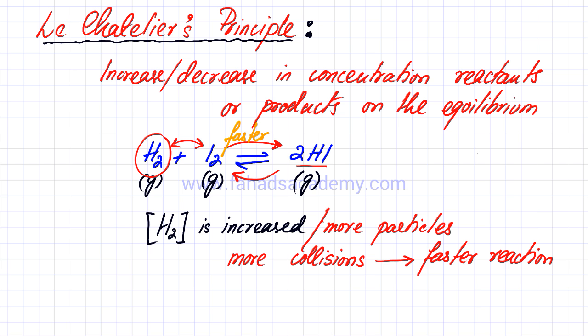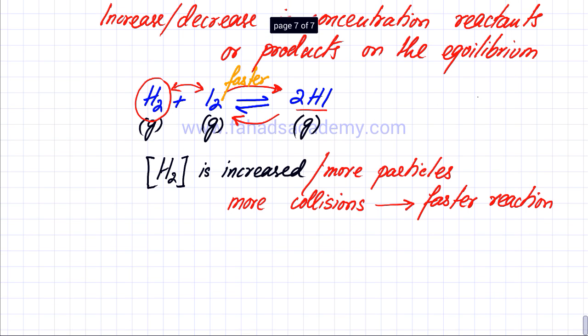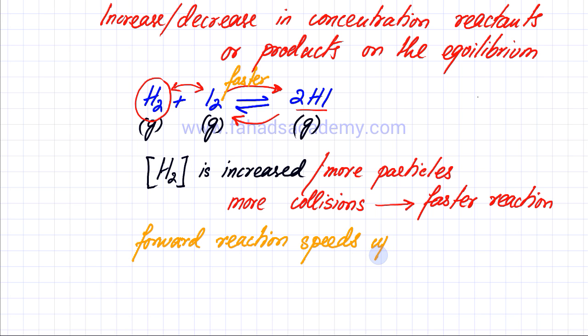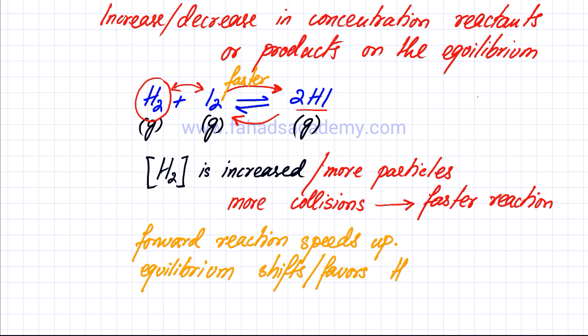So what we're going to say now is that if I increase the concentration of H2, then the forward reaction speeds up, or we can say that the equilibrium shifts or favors the right hand side, or we can say it favors the products.